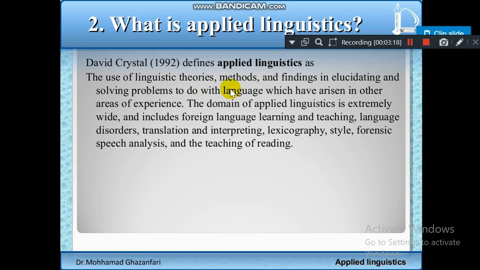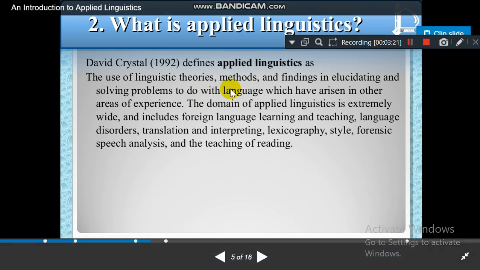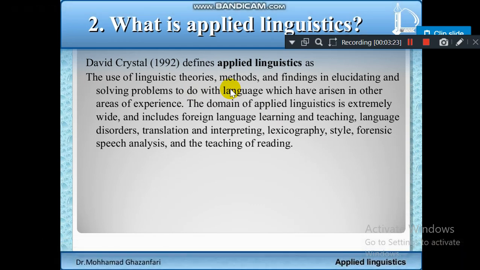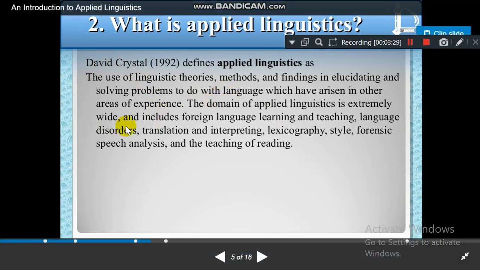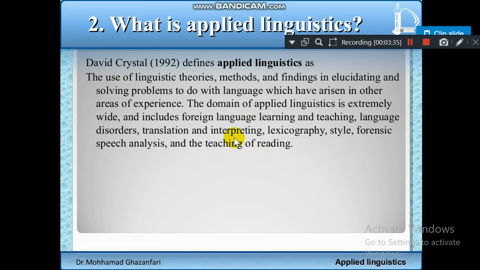He was having difficulties enunciating and making himself understood. And a speech therapist came and he started helping this person to overcome his problem.